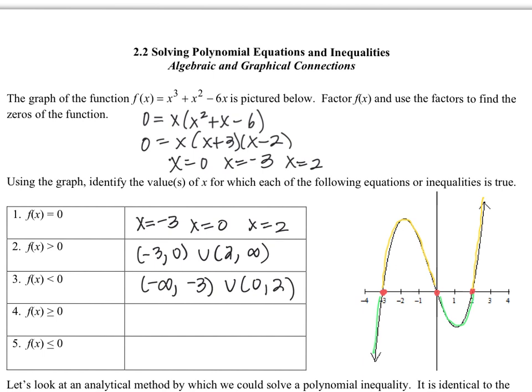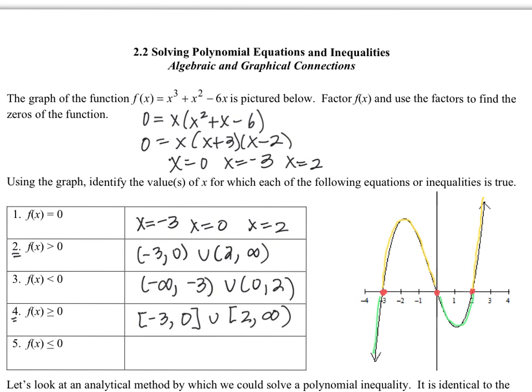Now number 4 is a little bit different because it says greater than or equal to, so we're going to have some brackets on this one. It's basically the same answer as number 2, except the brackets will be there. It's equal at negative 3, so it has a bracket, to 0, and it's equal there too, so that's another bracket. And then again, bracket 2 all the way to infinity.